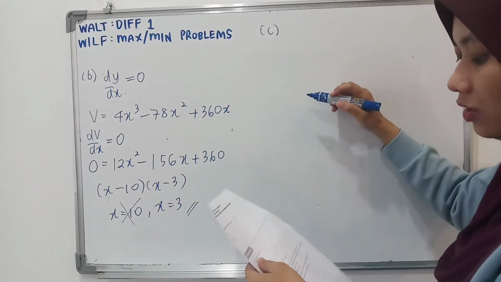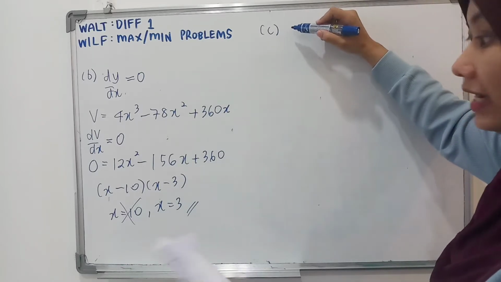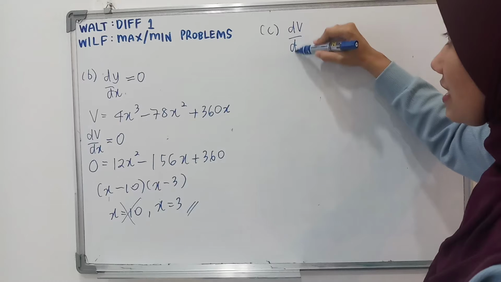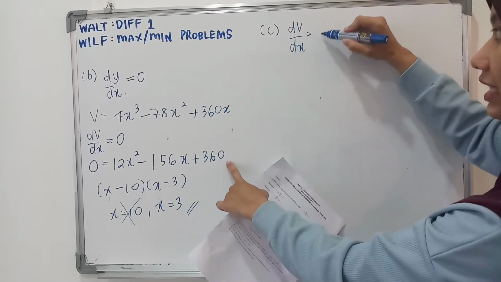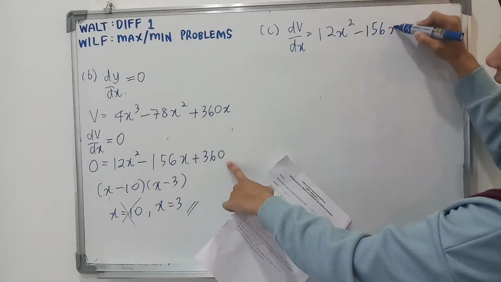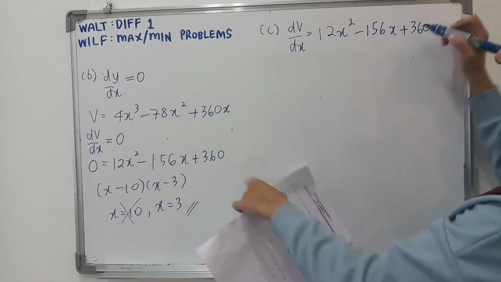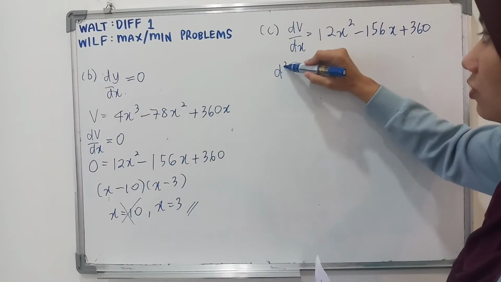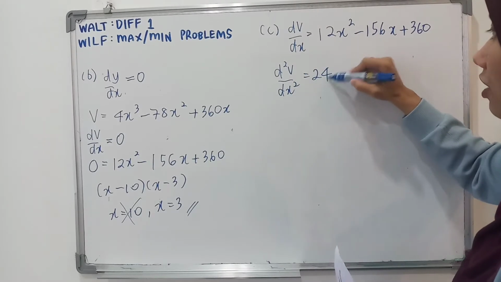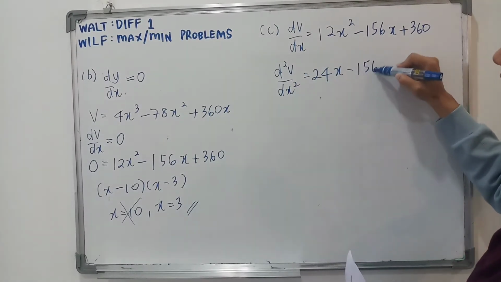Okay, so now, to determine the nature, we try to find dV/dx. We know that our dV/dx, which we have calculated previously, is 12x squared minus 156x plus 360. Now find the second derivative, d squared V over dx squared equals 24x minus 156.